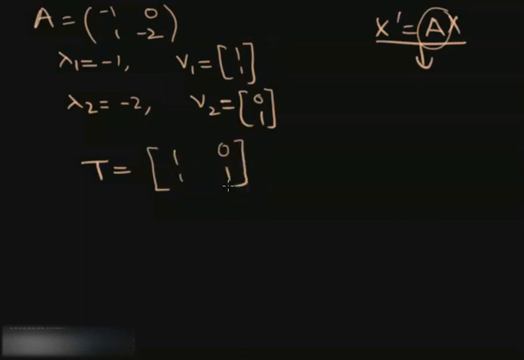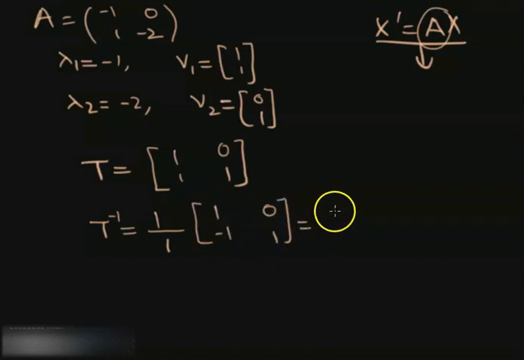This is my T. Now I need to calculate its inverse, which is 1 over the determinant of T. The determinant of T is 1, and then the adjoint of T is [[1, 0], [-1, 1]]. Hence T inverse is [[1, 0], [-1, 1]].